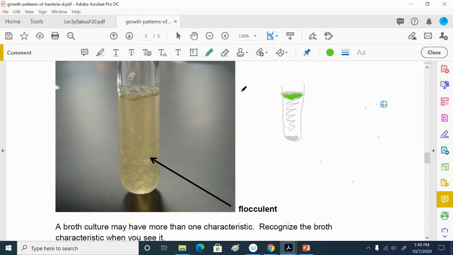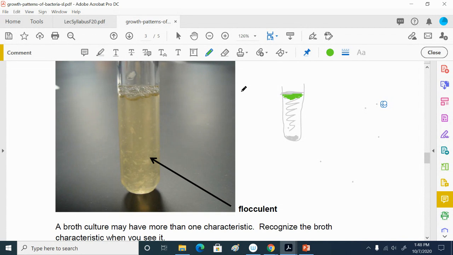Nope, no meniscus, because we do have a pellicle. So what did we say was special about Pseudomonas aeruginosa on the agar slant? Is that the extracellular pigment? Right, so you would actually see the broth turning green just under the pellicle because there's a lot of bacteria there and they're secreting the pigment. So you can also see pigment in a broth culture.